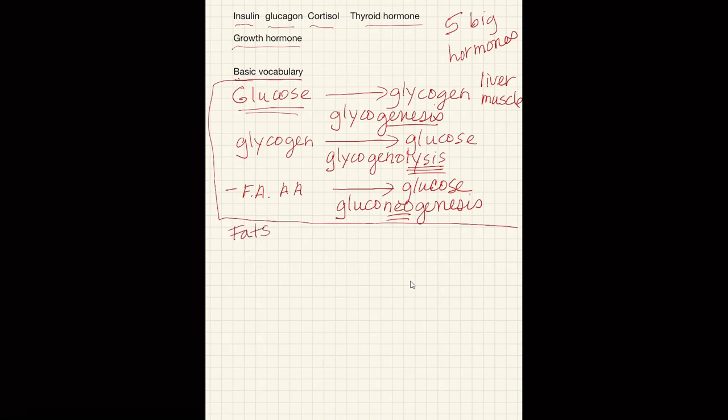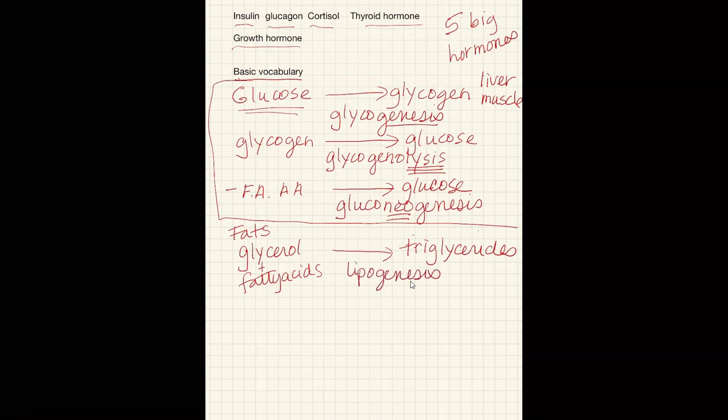Now we want to talk about fats. So if we take glycerol and fatty acids and we put them together and we make triglycerides, that's called lipogenesis.